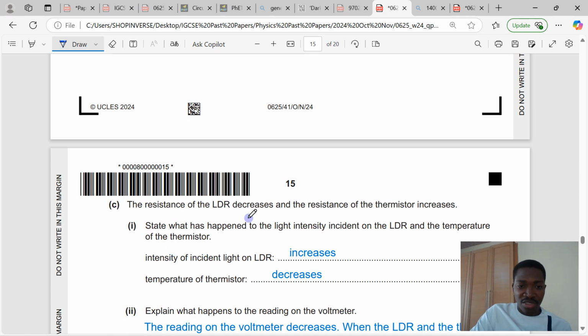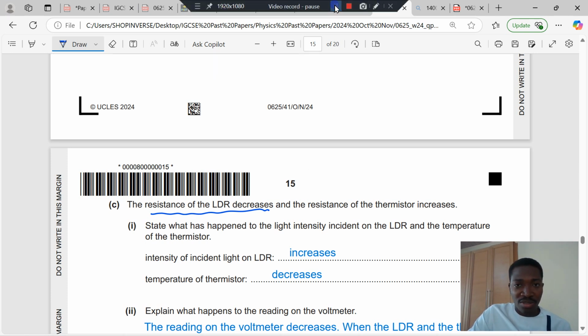The resistance of the light-dependent resistor decreases and the resistance of the thermistor increases. State what has happened to the light intensity. If the resistance of the LDR is decreasing, it simply means the intensity of light is increasing.